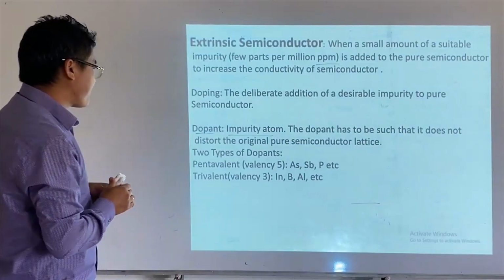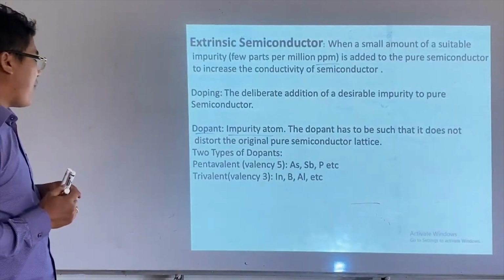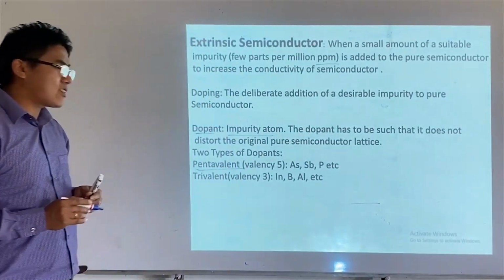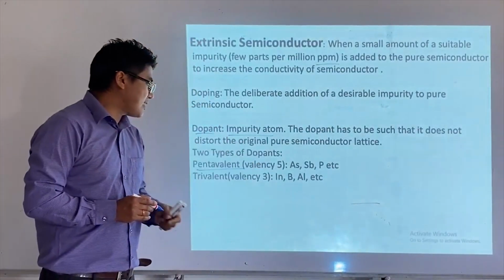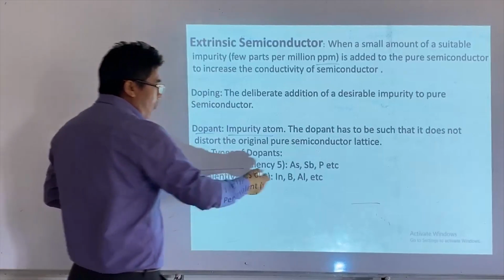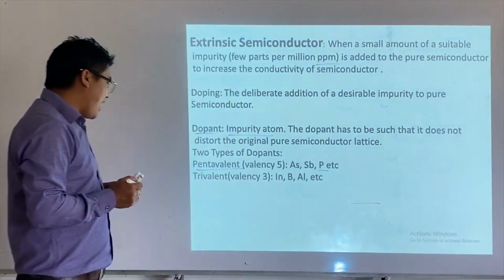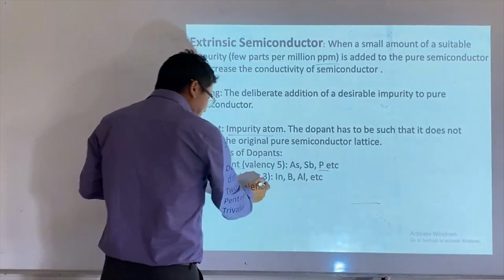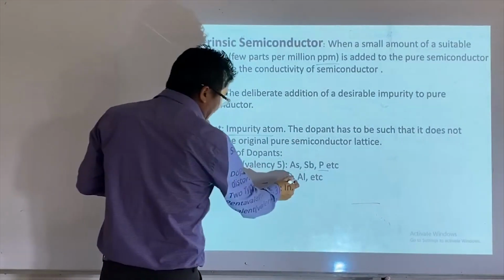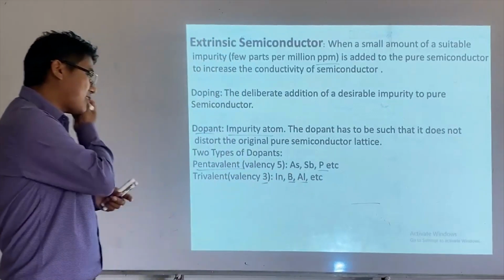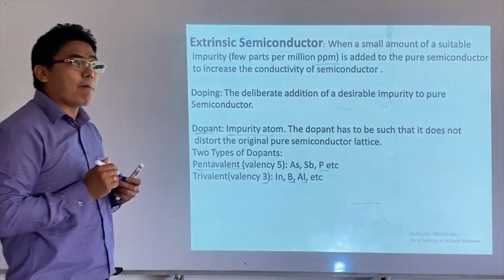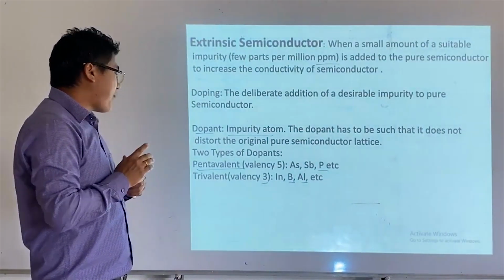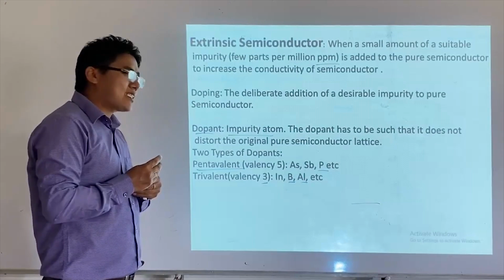The two types of dopants available are pentavalent, where the valency is 5, therefore it is called pentavalent, and the phosphorus is normally used. And then trivalent, where the valency is 3, and normally boron and aluminum are used. All right. So we have two types of doping impurity. One is pentavalent and another one is trivalent.